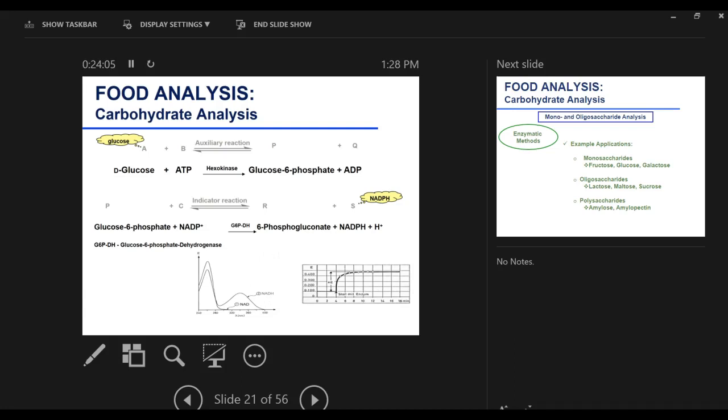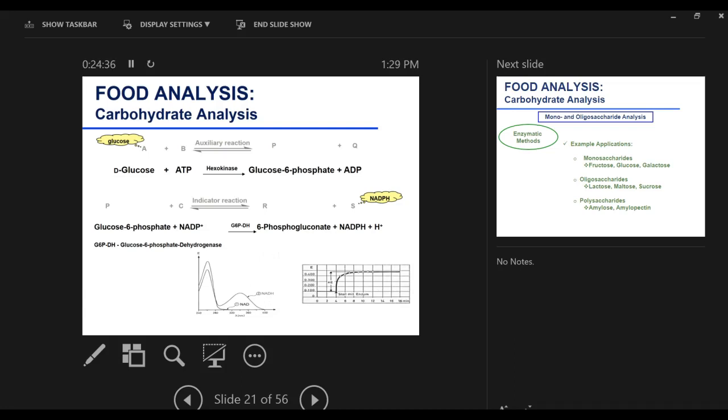Okay, so now I need my second reaction. Glucose 6-phosphate with NADP, another reactant. NADP does not absorb light. In the presence of glucose 6-phosphate dehydrogenase, I'm losing a hydrogen. I get 6-phosphogluconate and NADPH, so NADP gained the hydrogen and this one lost the hydrogen.